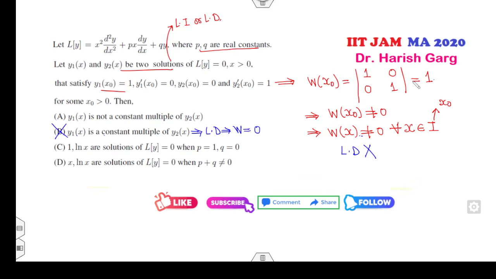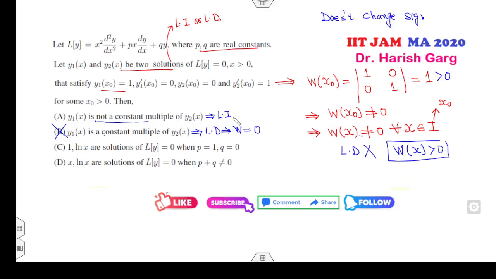Fine. And here you see the Wronskian is positive. So we will get the Wronskian at the point x also positive. Why? Because the Wronskian does not change sign. Fine. The first option says y is not a constant multiple. If it is not a constant multiple, that means y1 and y2 are LI.